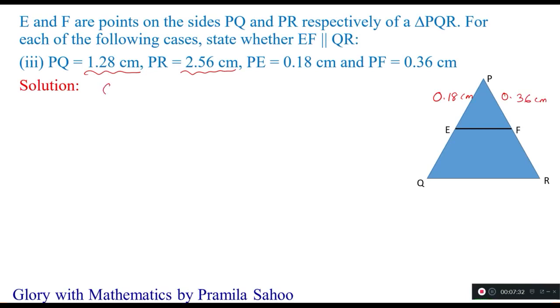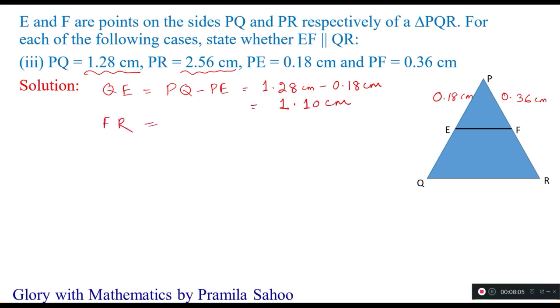QE is equal to PQ minus PE. That is equal to 1.28 centimeter minus 0.18 centimeter. So this is equal to 1.10 centimeter.